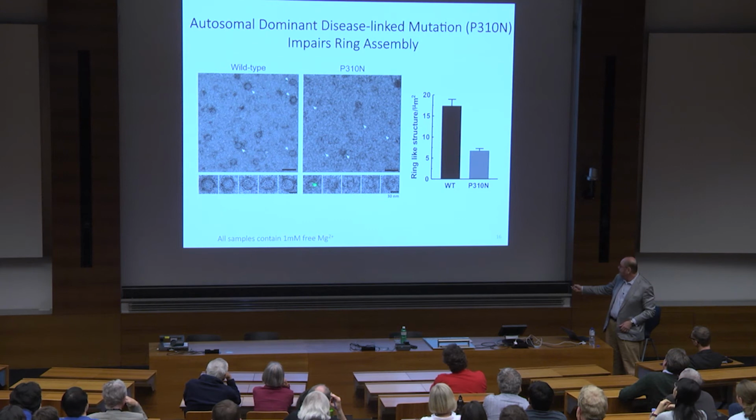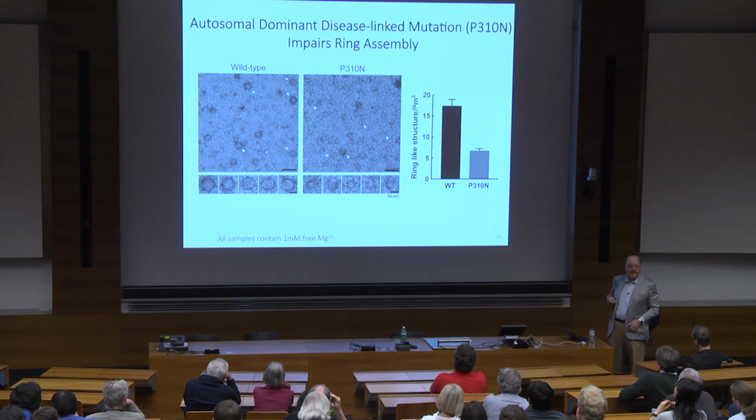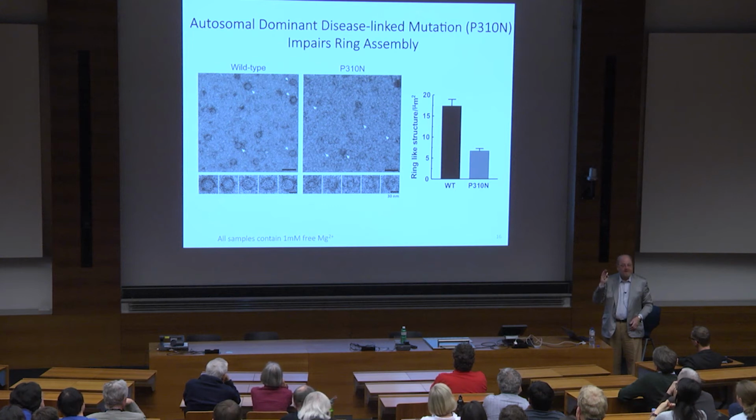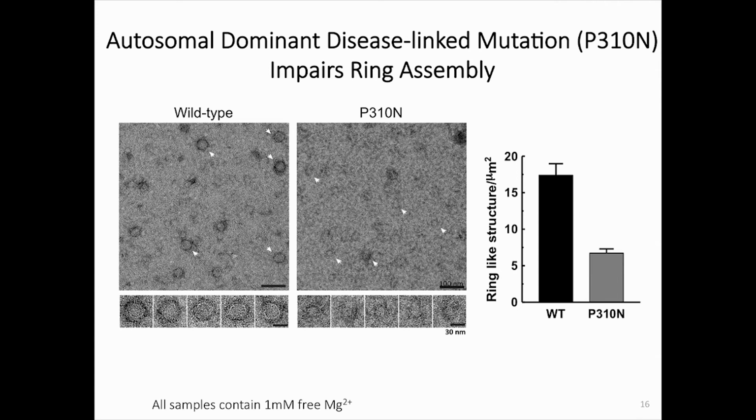And the rings that we have are actually less complete, typically. So this explains to a large degree the disease and gives us confidence that the formation of this ring is likely to be important physiologically in regulating neurotransmitter release. Now, you remember that it's an autosomal dominant disease.